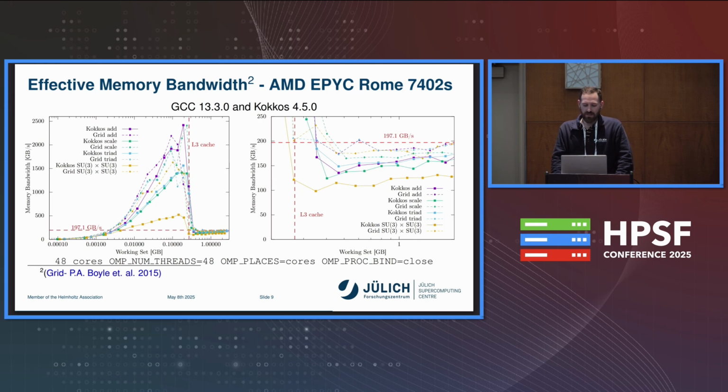On the right side of the plot, we just have a zoom in on the sustained memory bandwidth region. And I should say that the dashed horizontal line there is the measured sustained memory bandwidth from the stream benchmark. But overall, we're pretty close to Grid, except for our SU3 times SU3, and fairly happy with that.